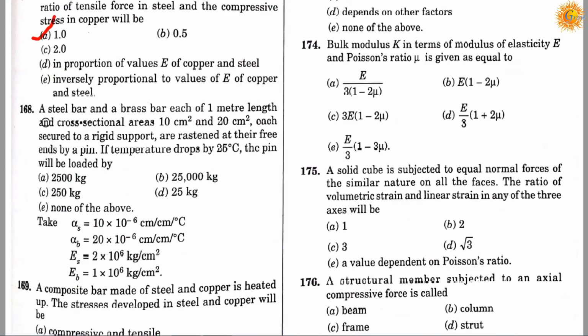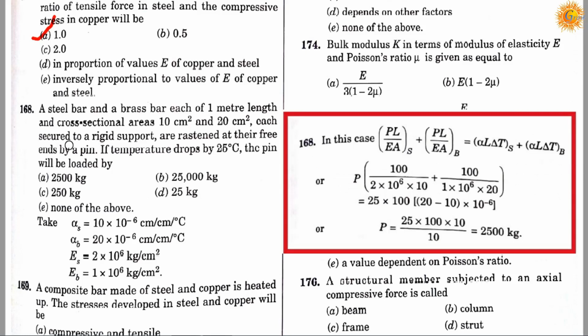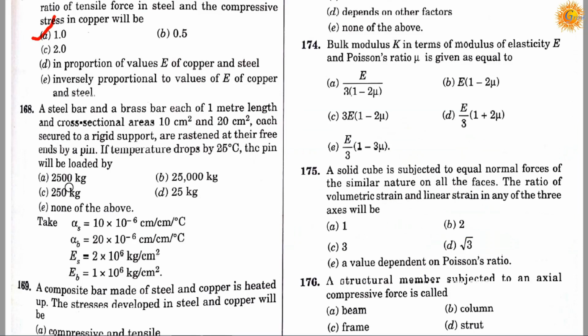Question number 168. A steel bar and a brass bar, each of 1 meter length and cross-sectional area 10 centimeter square and 20 centimeter square, each secured to a rigid support, are rested at their free ends by a pin. If temperature drops by 25 degrees centigrade, the pin will be loaded by: option A, 2500 kg; option B, 25,000 kg; option C, 250 kg; option D, 25 kg; option E is none of the above.